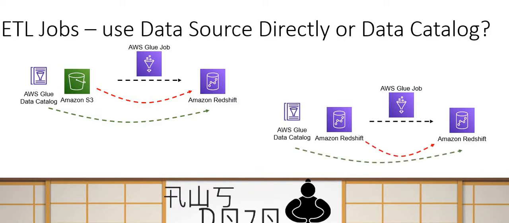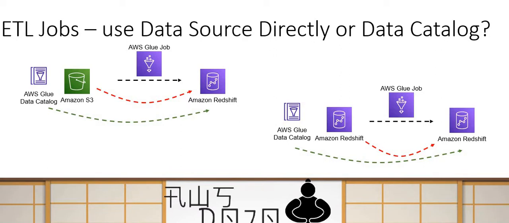Should I read from Redshift and write to Redshift, or read from the catalog and write to Redshift? Technically, both are possible. You can read data from S3 or from the Glue catalog. You can read data from Redshift or from the Glue catalog. If both are technically possible, which way should you use? That's the topic I want to discuss today.